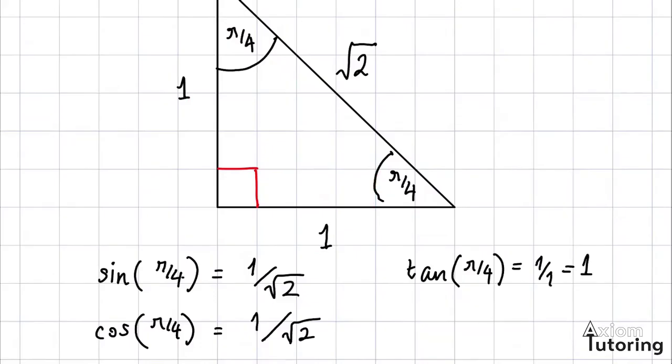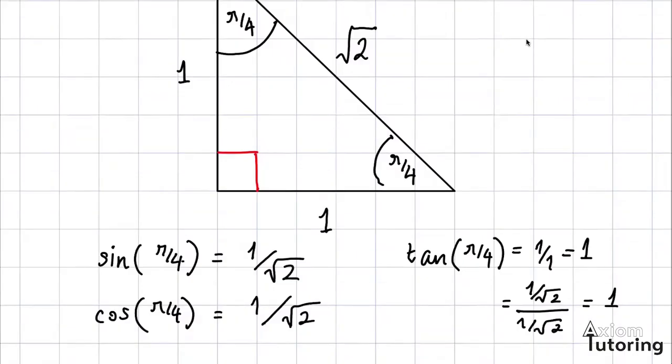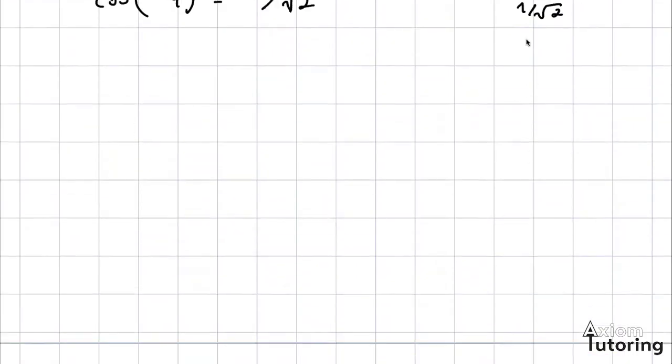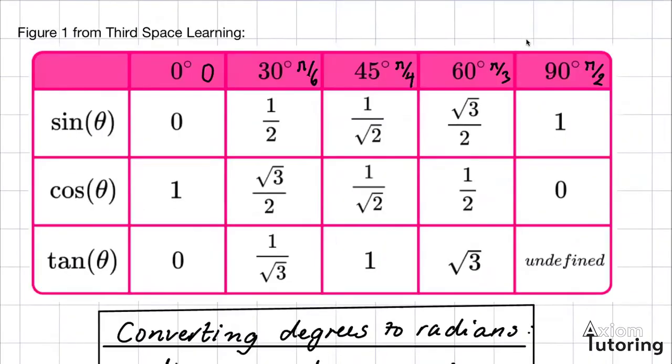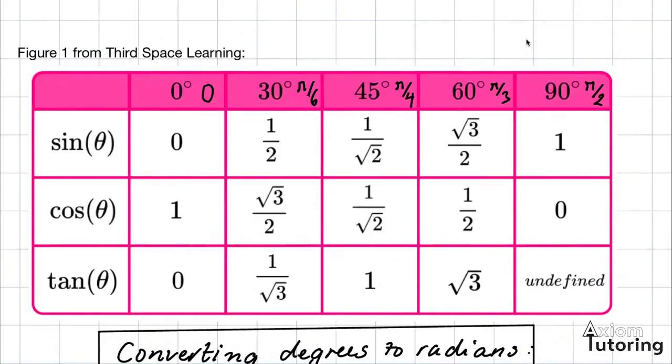It's 1. And then if we use that tan theta is sine theta over cos theta, well, that means that we're going to do sine of pi over 4, which is 1 over root 2, over cos of pi over 4, which is also 1 over root 2. And that's also 1. Okay? So that's our first special triangle there. And these values all correspond to the values given in our table in figure 1.